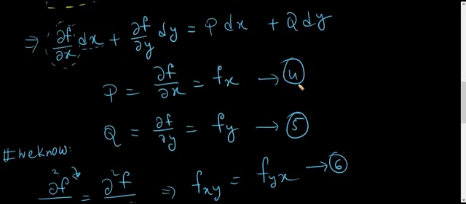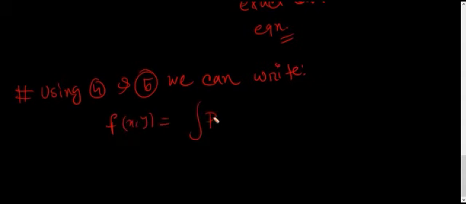Then using 4 and 5, because you can see that this 4 and 5 tells you that f_x, that is the partial derivative of f with respect to x, is equals to p. So using these tools, so let's say using 4 and 5, we can write f(x,y) as integration of p.